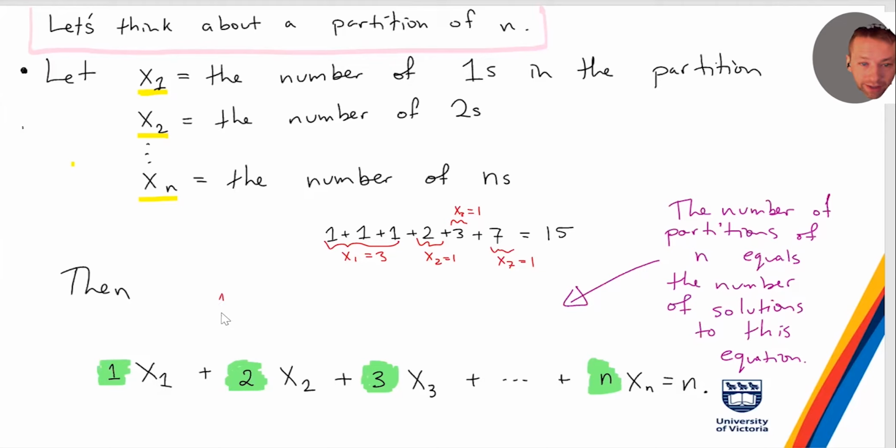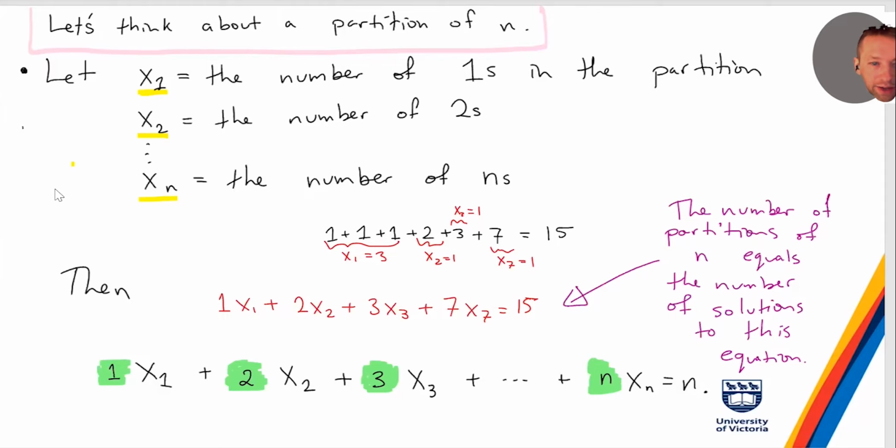And if you check, you'll see that 1 times x1 plus 2 times x2, 3 times x3, plus 7 times x7 is equal to 15. Implicitly I have a 0 for all of the other terms, because there are no other terms, right? So all of the other xi's are 0.